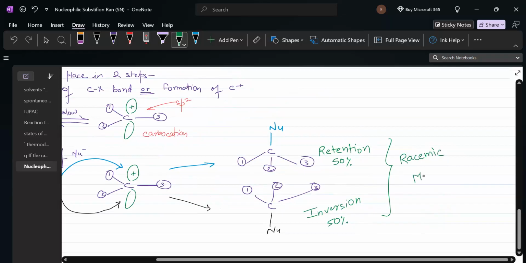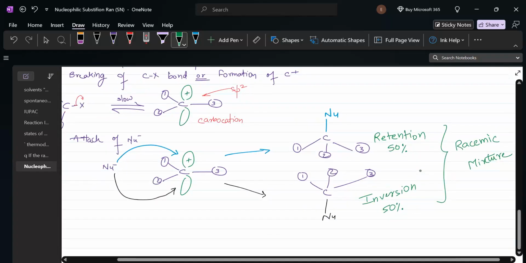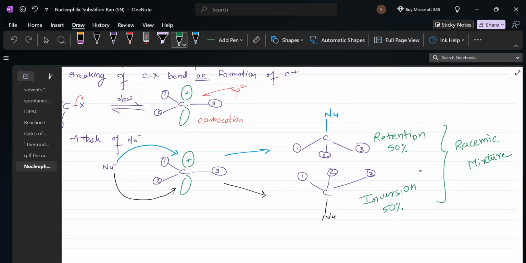Have you heard this term before? Yes? Great. So you got this point, that two optical isomers together form a racemic mixture, right?